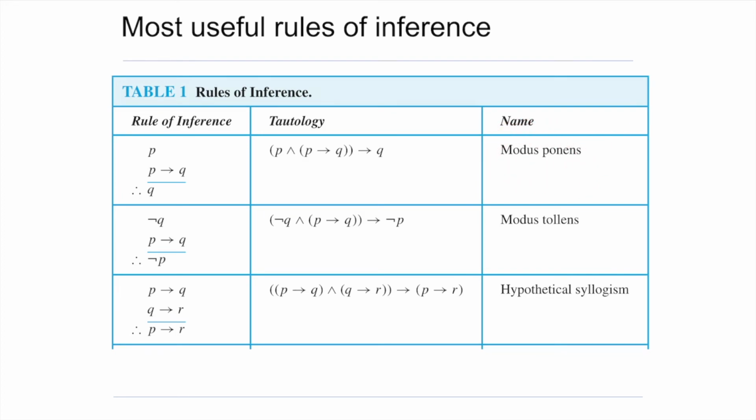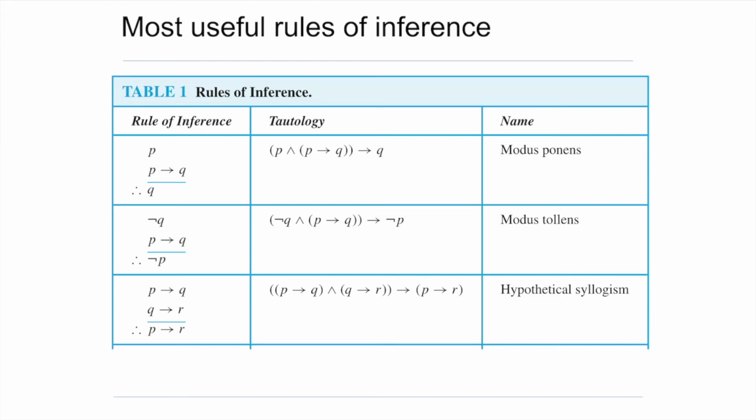In the same way, you have more rules of inference that are already proved and you don't have to prove them. But if you want to prove them, you can create a truth table for the tautology, or you can develop a series of propositional equivalences on the tautology to prove that the value will always be true.